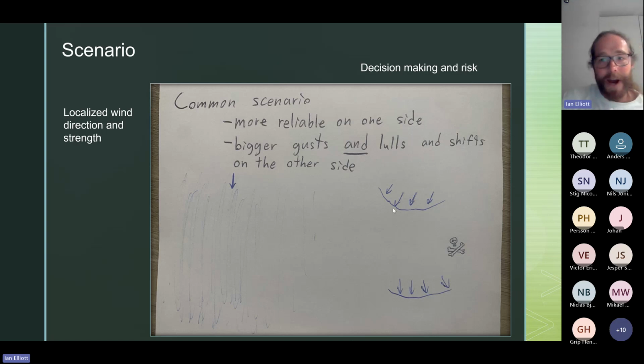So it's very common that you could have a riskier side of the race course and then a safer side of the race course. And it just depends venue to venue which side is going to pay off in general. You would think that it's always the safe side, but sometimes you can be too safe, and the only way to get up the race course is to time yourself with one of these gusts.